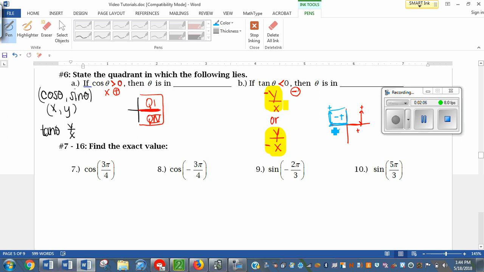In quadrant 3 you're going left and then down, so in this case both are negative. We don't want both of them to be negative like we talked about. They would cancel to become positive. In quadrant 4 you're going right and then you're going down, so only one negative again. So quadrant 2 and quadrant 4.